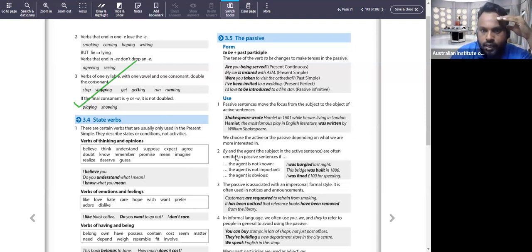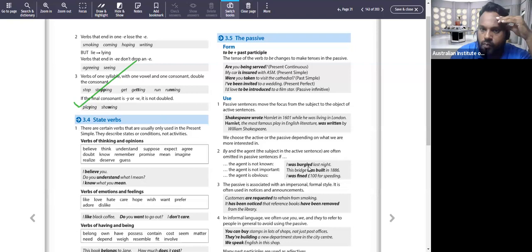By and the agent, the subject in the active sentence, are often omitted in passive sentences. This happens if the agent is not known, the agent is not important, or the agent is obvious.